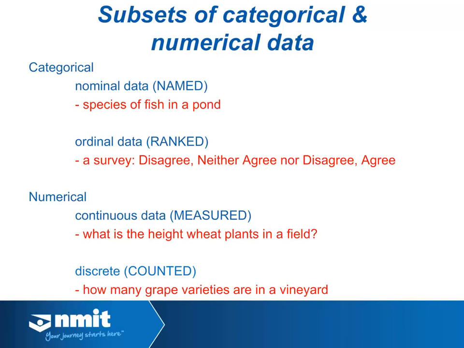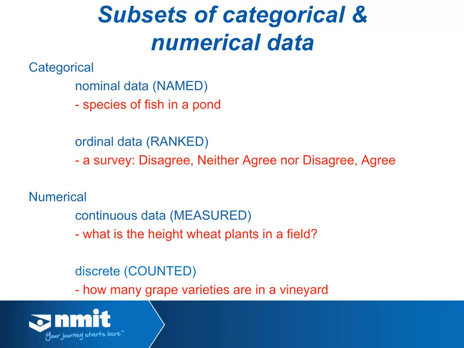Categorical ordinal data is where we rank things. And the classic ranked variables are those when we have to do surveys. So when you're asked a question, it might be, how good is Alistair Reid? Or is Alistair Reid the best lecturer in the world? You're asked to tick disagree, neither agree nor disagree, or agree.